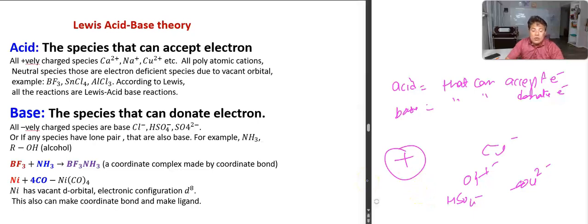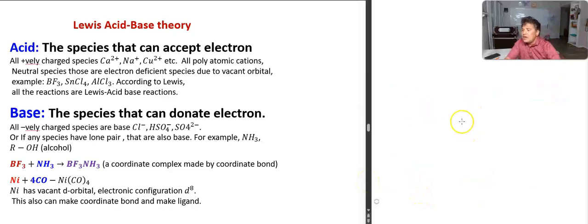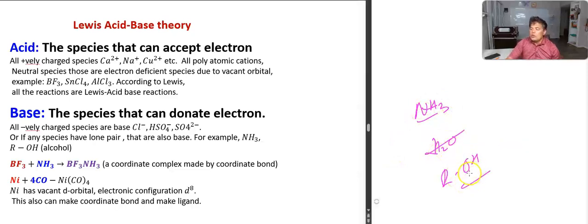And all species that have a lone pair are also bases. For example NH3 has a lone pair, so it's a base, H2O as well. And alcohol, ROH, has a lone pair, that's why alcohols are also bases.